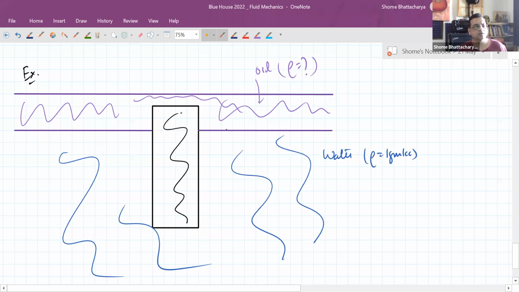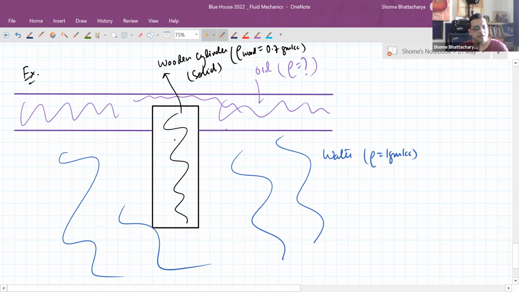Now this is a wooden cylinder, a solid wooden cylinder, and the density of the wood is 0.7 gram per cc.